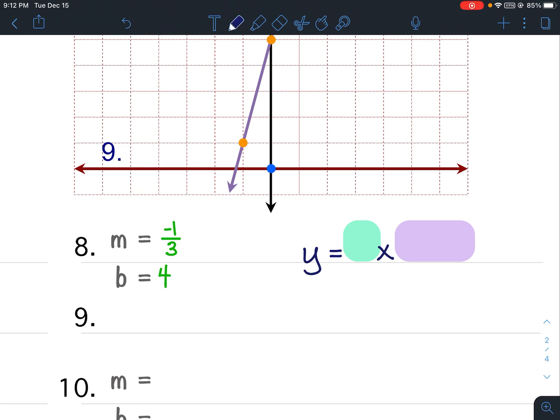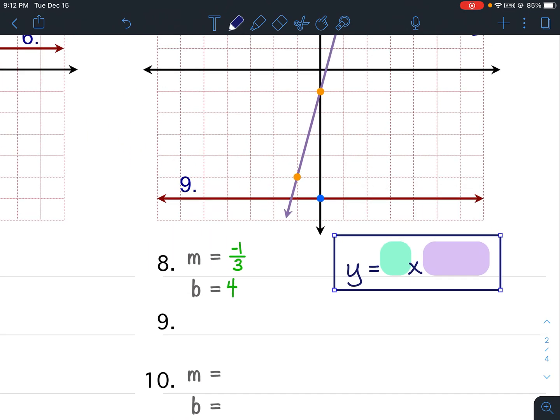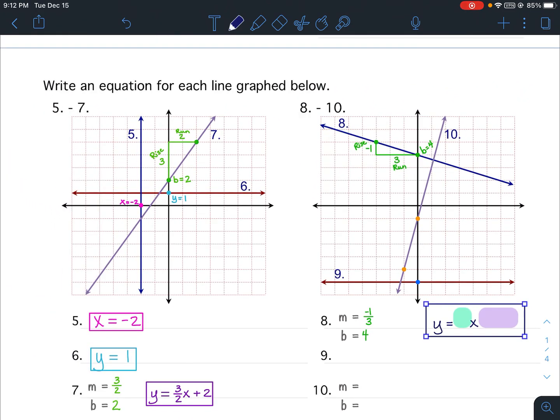I'm not going to tell you what that is. You have to find that yourself. So remember, y equals mx plus b. Slope is in front of x, b is behind x.